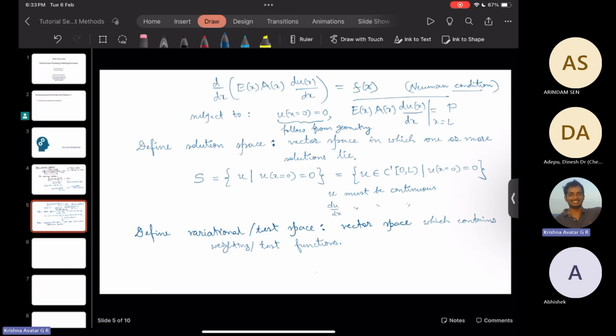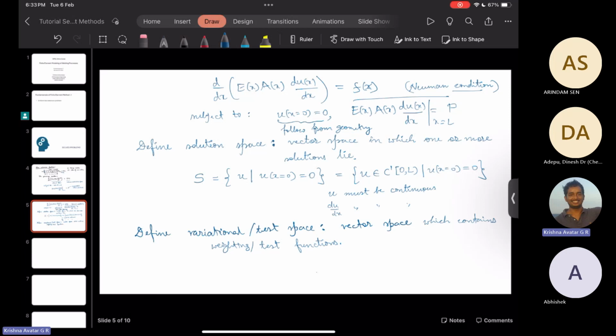The theory of test functions has a variational meaning, but since this course is not meant for that, let's just call it the test space, and we'll later see what this test function actually means.